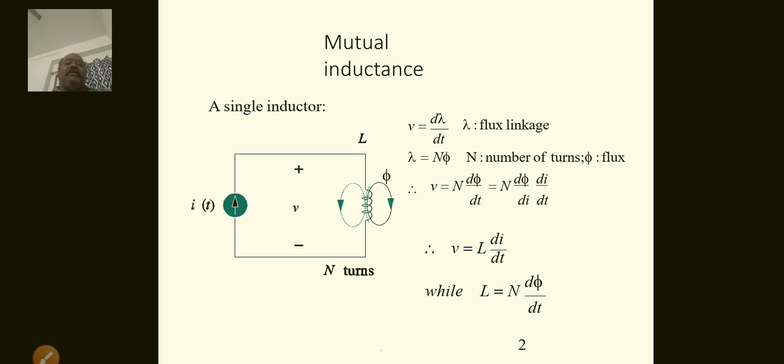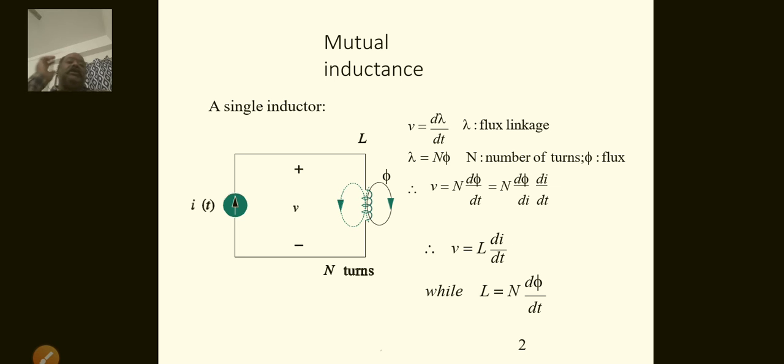Observe that i of t is passing through the circuit. The flux will be produced around the coil, called phi. Here the flux linkage is indicated by lambda, and V is equal to d lambda by dt, or otherwise d phi by dt, but here we use the notation lambda for flux linkage. Therefore lambda is equal to N phi, where N is the number of turns and phi is the flux.